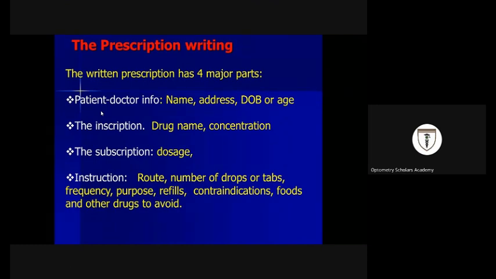Also, you can include the contraindications for these drugs so that this patient will be mindful of it. And also, if you want this drug to be taken with food, or if you want the patient to avoid any drugs that can counteract the action of this drug, you can put it in the instruction. So these are the 4 major parts of drug prescription: the patient and doctor information, the inscription, the subscription, and the instruction.